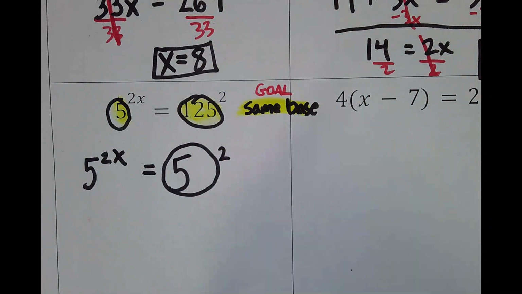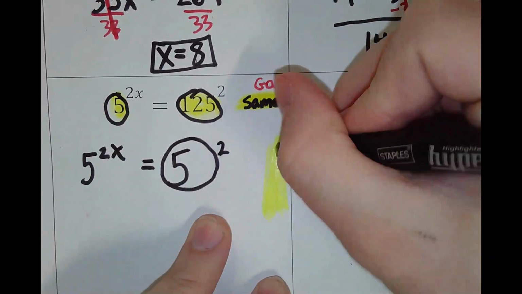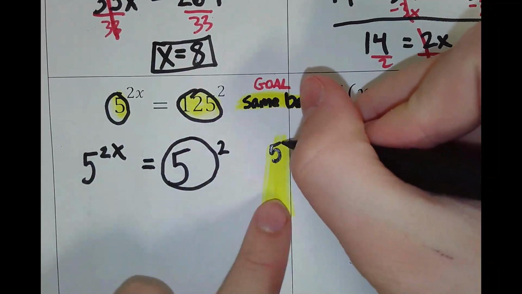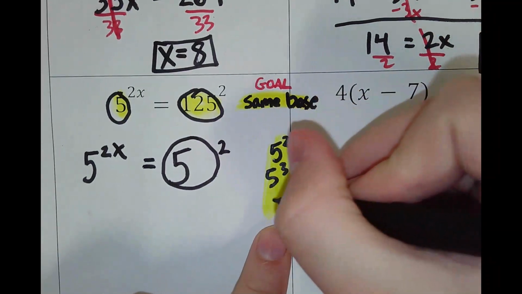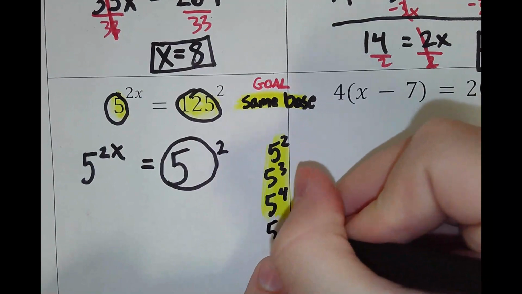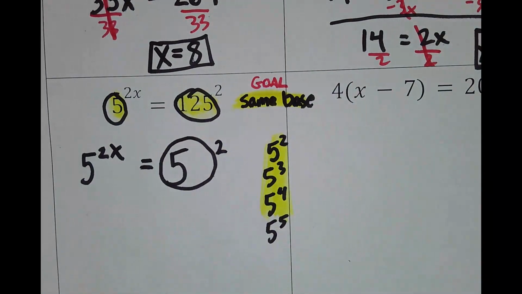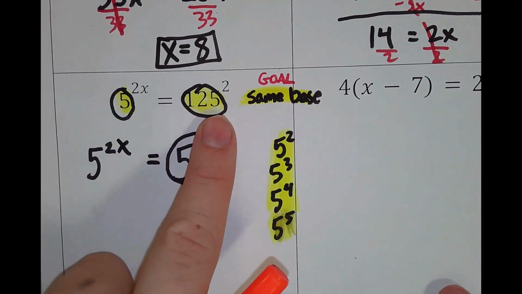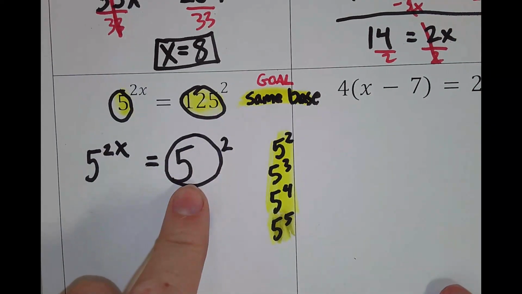Now, 125. Is 125 5 squared, 5 cubed, 5 to the 4th? Is it 5 to the 5th? Which one is it? Because our goal is to have a 5 as a base. So I need to rewrite the 125 with a 5.